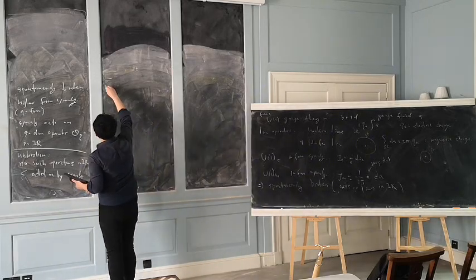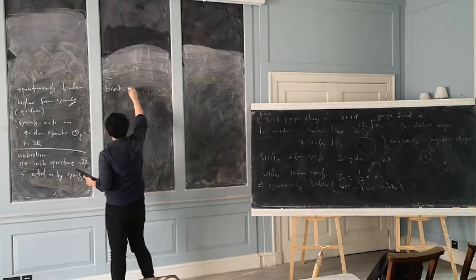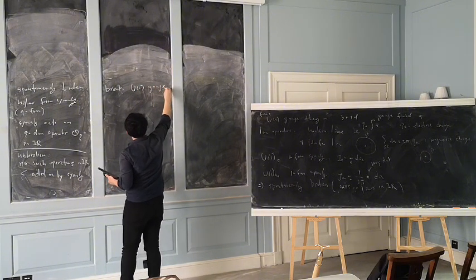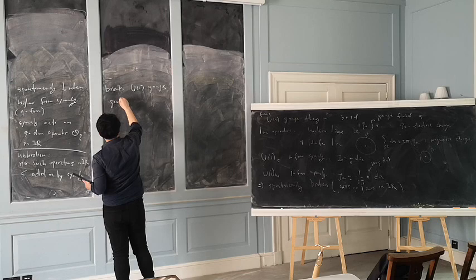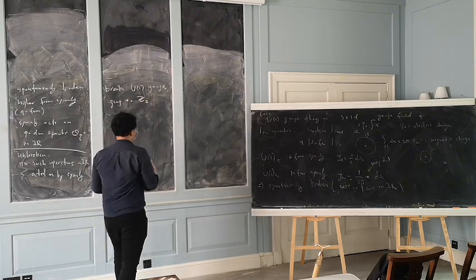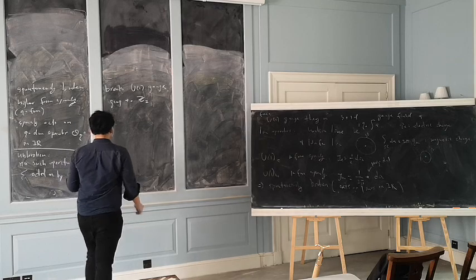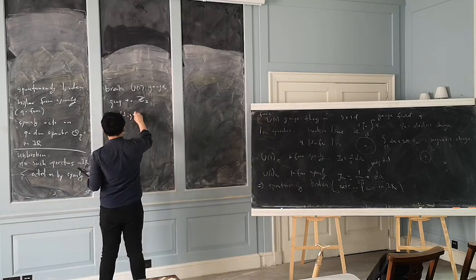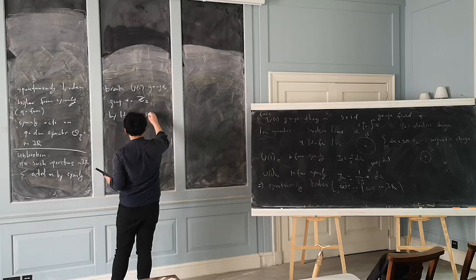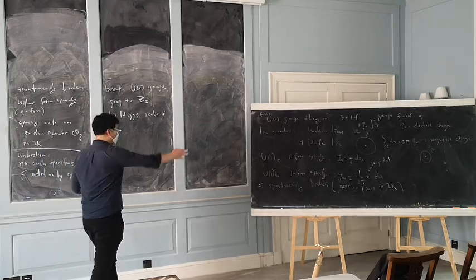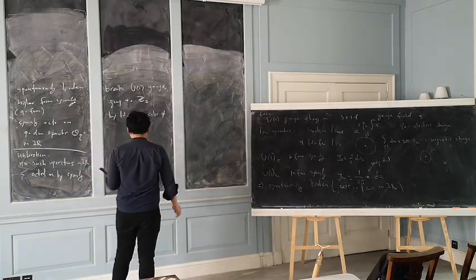So let's break the U(1) gauge group to Z2 by adding some Higgs scalar. Okay. And then we can examine what happens to those one-form symmetries.